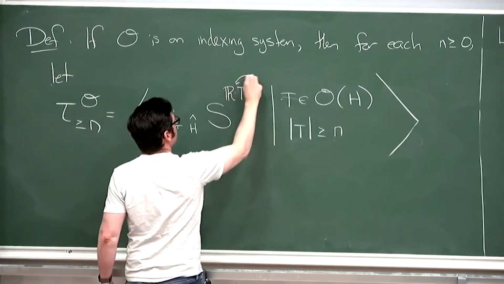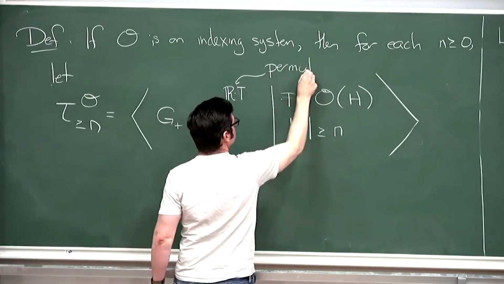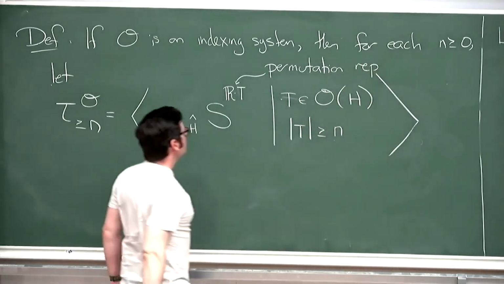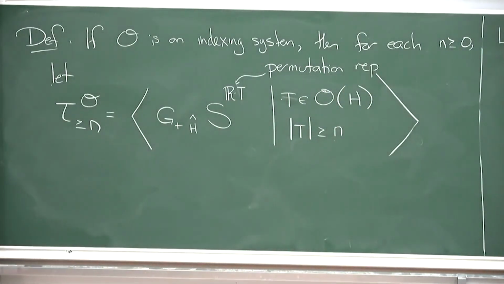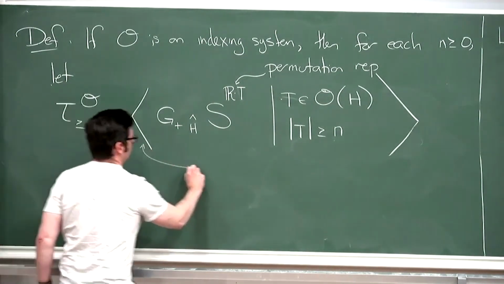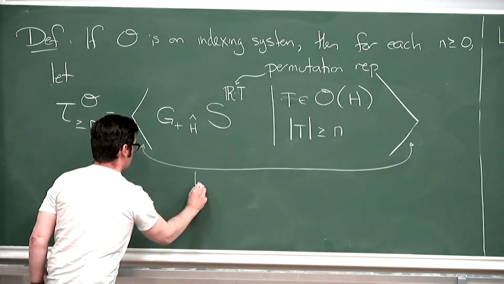And so what do all the symbols mean? This means the permutation representation. If you give me a finite H-set, then I take the vector space whose basis is that finite H-set and let the group act by permuting the basis vectors. This part means the localizing subcategory.